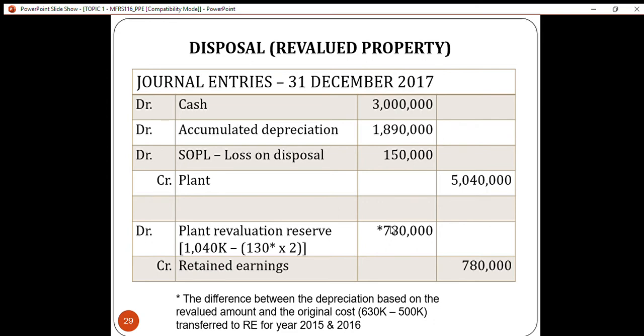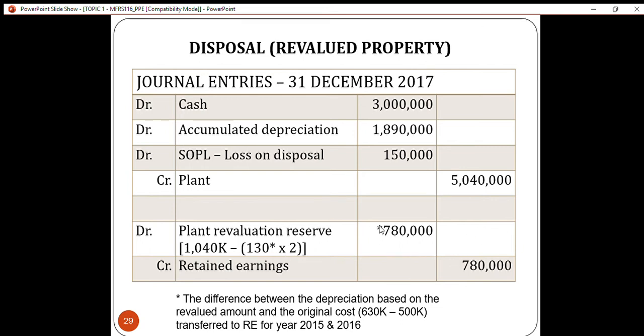This is to transfer the balance of the revaluation reserve to the retained earnings when the plant has been disposed of. That's why we debit the revaluation reserve and credit retained earnings 780,000.